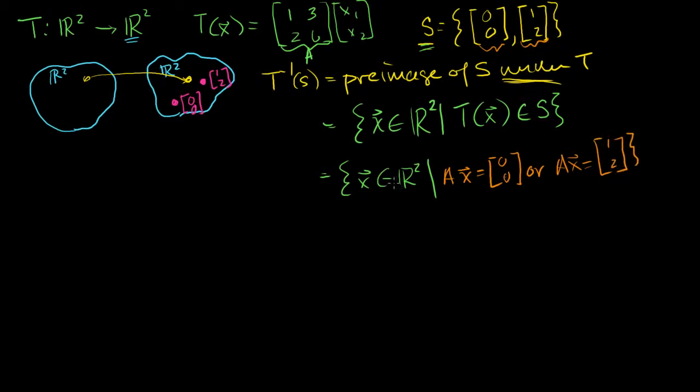This is the exact same statement as the one before. I just made it a little more explicit in terms of our actual transformation, A times x, and in terms of our actual set, which is just two vectors.